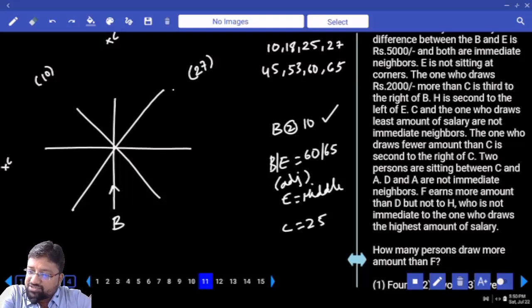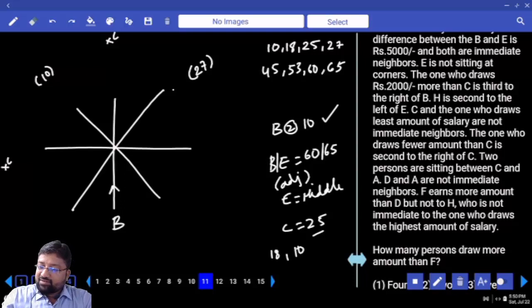The one who draws a fewer amount than C is second to the right of C. Fewer amount than C. What is C's number? 25. So fewer than C means 18 or 10, right? Less than C is either 18 or 10. But what did he say?